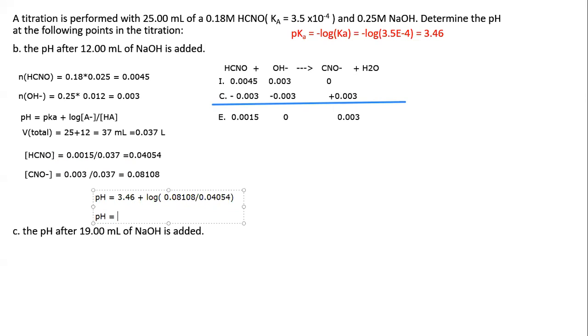And since the concentration of weak base is greater than weak acid, our answer should be above the pKa. And we get about 2.55.